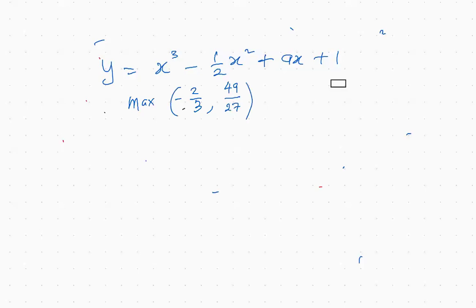y equals x cubed minus 1/2 x squared plus ax plus 1, where a is a constant. The curve has a maximum value of 49/27 at x equals minus 2/3, and the minimum value is 1/16.